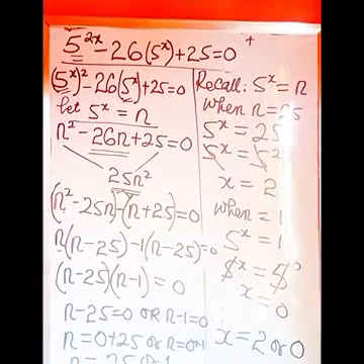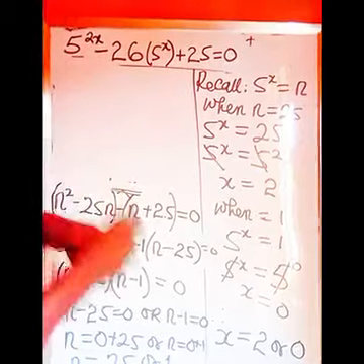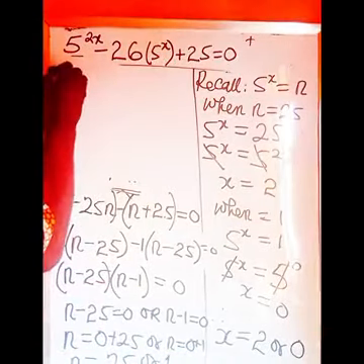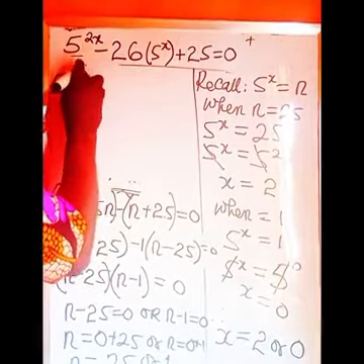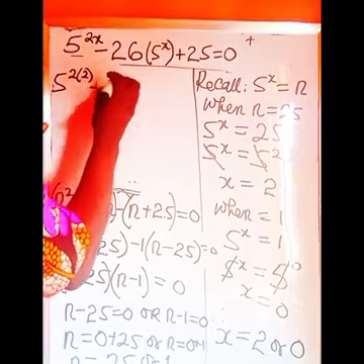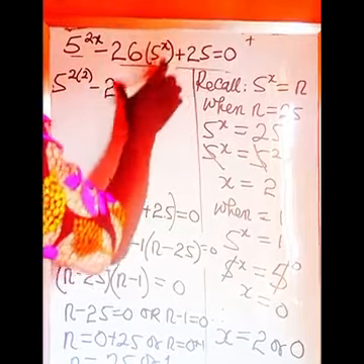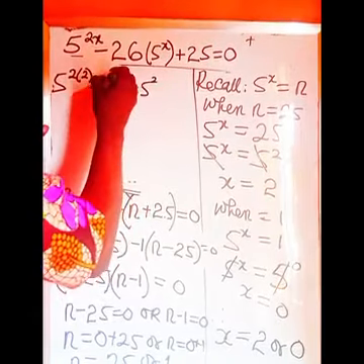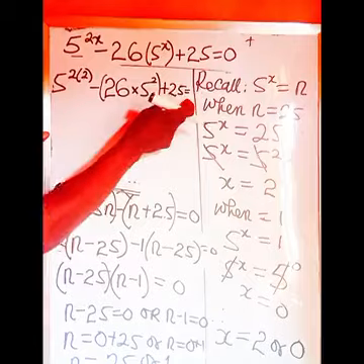For us to confirm if we are correct, we can still check. Let's put x as 2 here and see if we have 0. So 5 raised to the power 2 into 2 minus 26 times 5 to the power 2 plus 25 equals, let's know if we have 0 here.